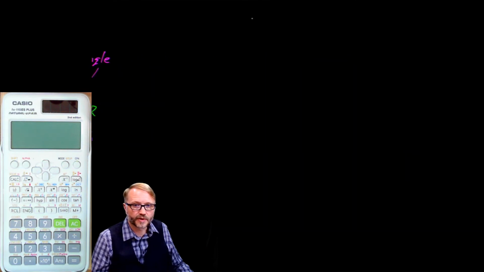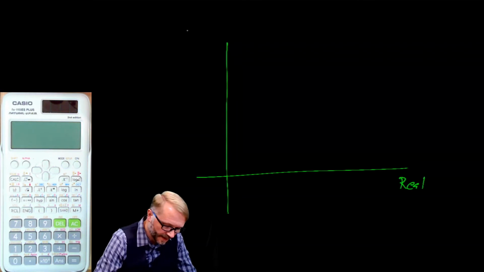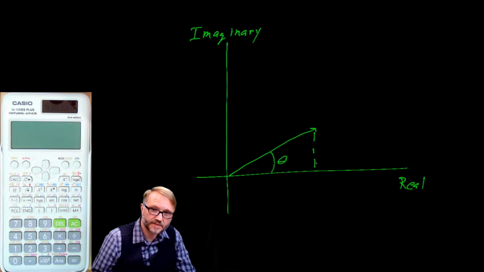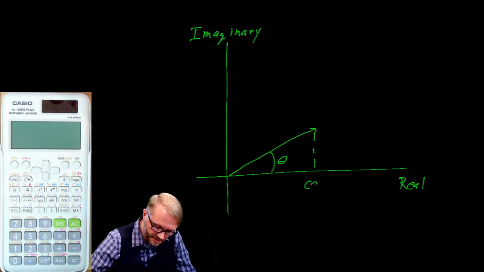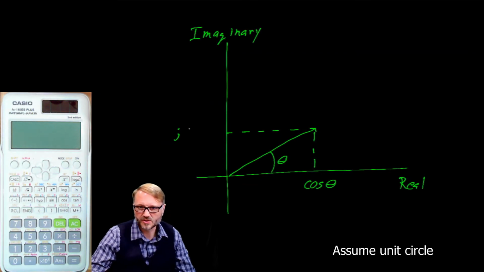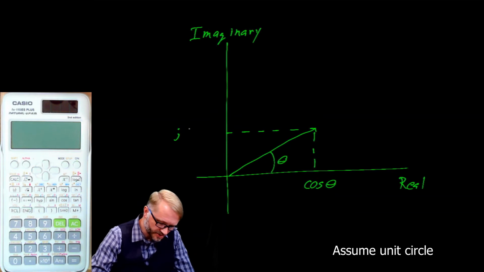You've seen this before in trigonometry, where you had the real axis and the imaginary. Then you had some hypotenuse at some angle theta. We described the real piece as cosine of theta, and we defined the altitude as j, maybe used i, but we can't use i in electronics because i is already taken for current, so we use j.